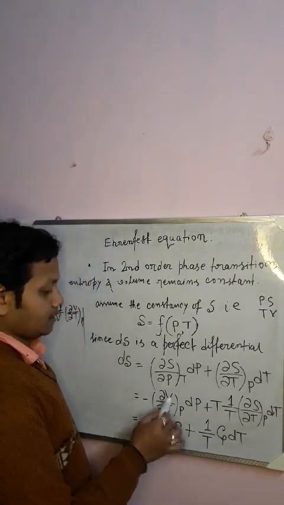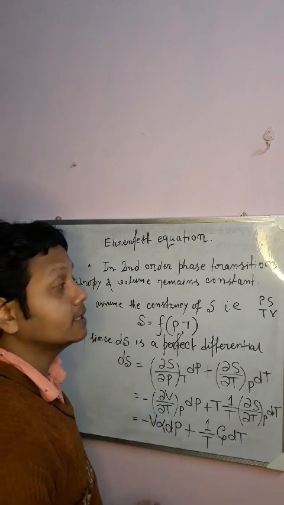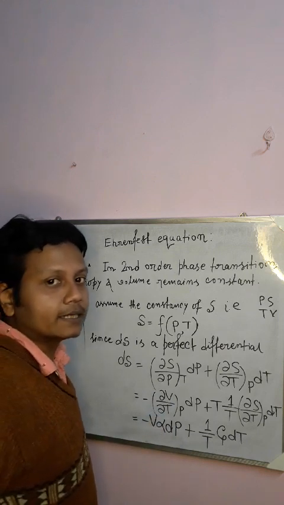Okay, this is what alpha means, the increase in volume per unit rise in temperature.